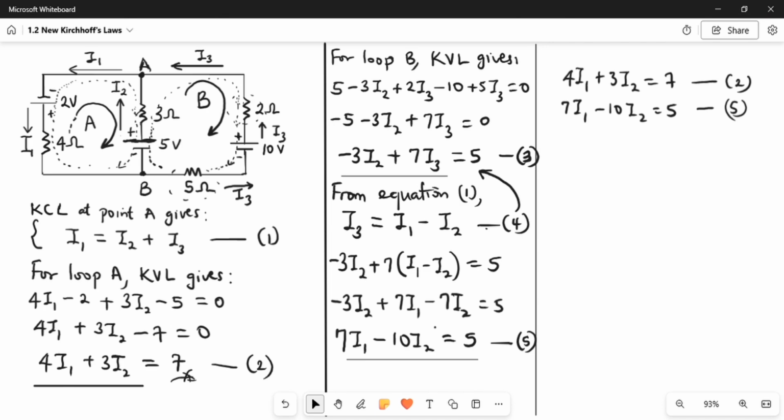If I'm to eliminate I2, I make sure that the coefficient of I2 in both equations 2 and 5 are the same. How do I do that? I take the coefficient of I2 in equation 2 and use it to multiply every term in equation 5.